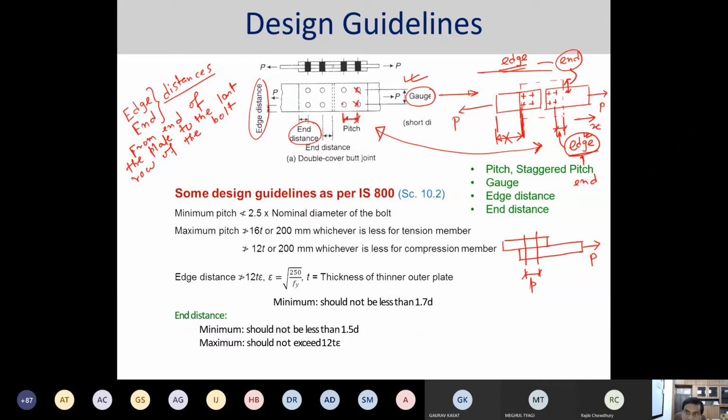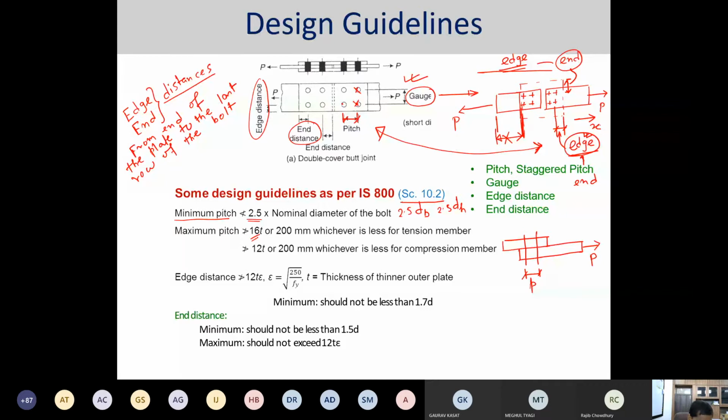Now, this is the total guideline given by IS 800. It is also postulated in section 10.2, which says the same thing. Minimum pitch should not be less than 2.5 times the nominal diameter of the bolt, not the hole diameter.